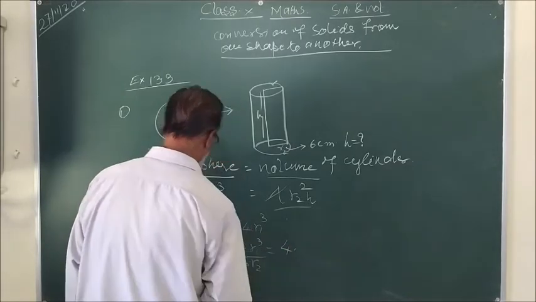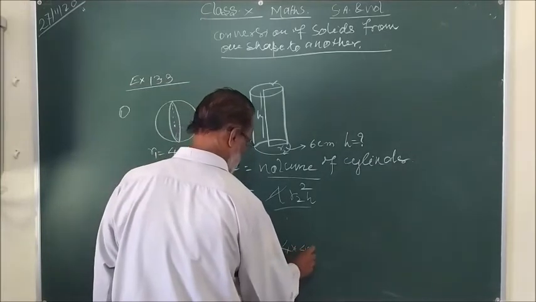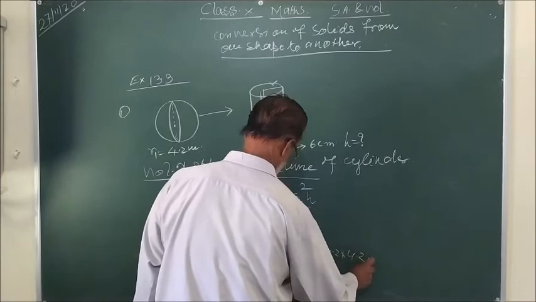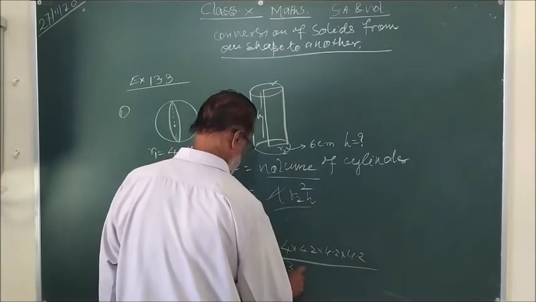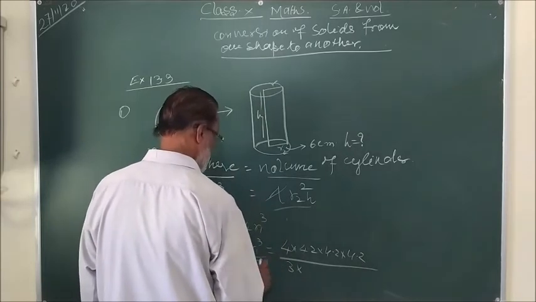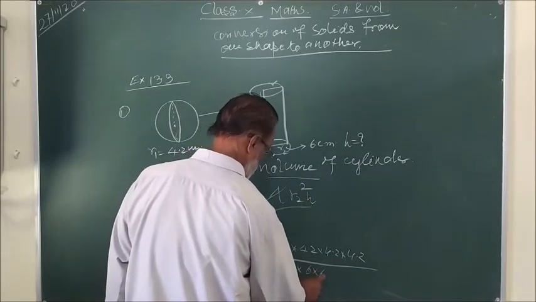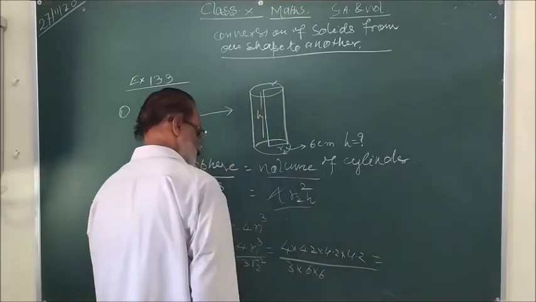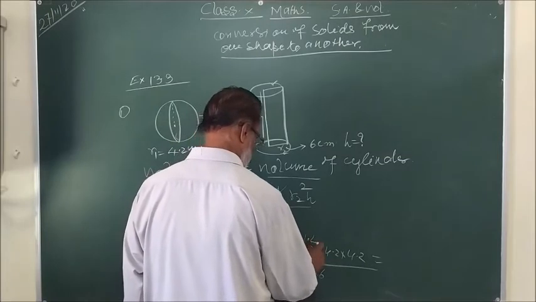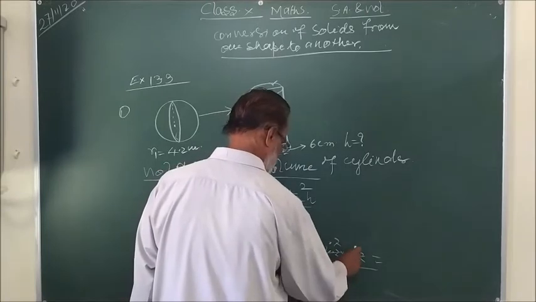4, and r1 is given as 4.2, so 4 into 4.2 into 4.2 into 4.2, upon 3 into r2 square, and r2 is given as 6, so 6 into 6. Now you have to simplify. You can simplify 3 into 1.4, and this will be 0.7 and this will be 0.7.